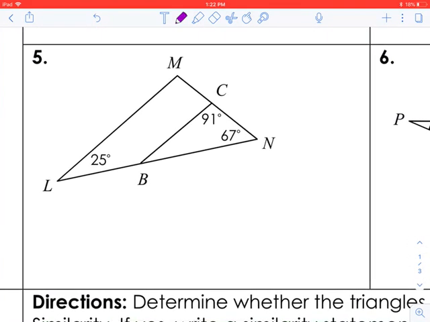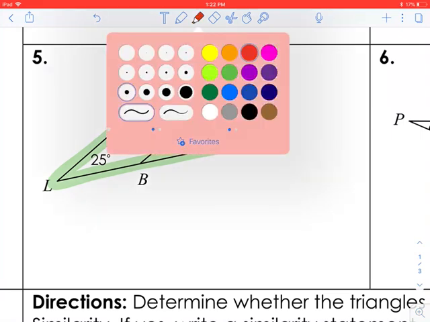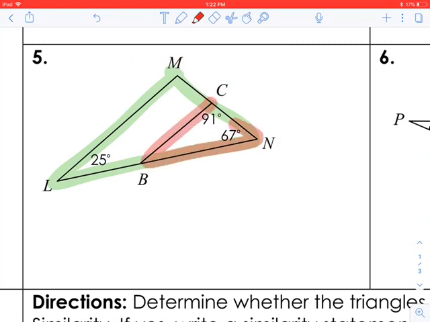Number 5, same deal. We've got two triangles here, a small one and a big one. In the big triangle, angle N is 67. And in the small triangle, angle N is still 67.